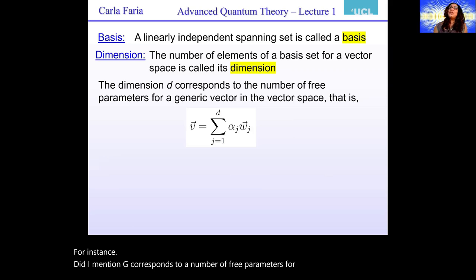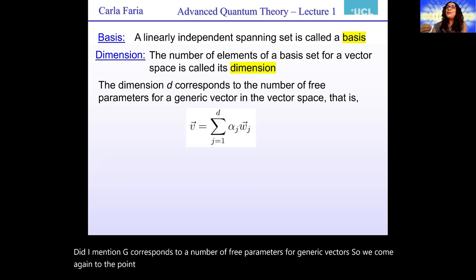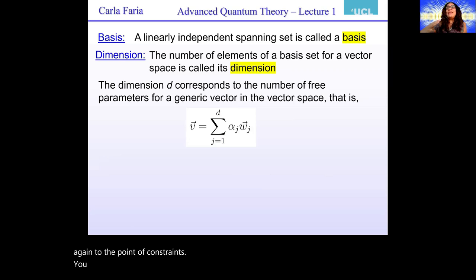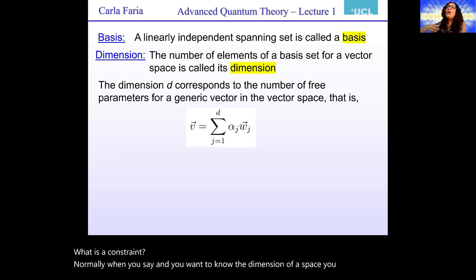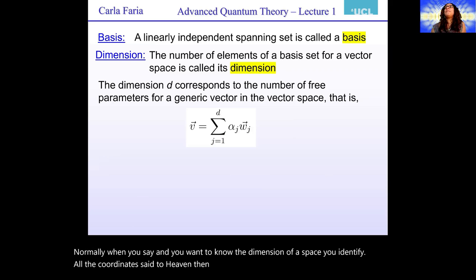So we come again to the point of constraints. What is a constraint? Normally, when you want to know the dimension of a space, you identify all the coordinates that you have, and then you look for constraints and subtract the constraints from there. So it's pretty much in the same spirit.